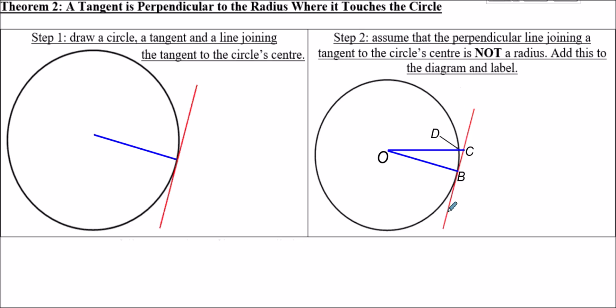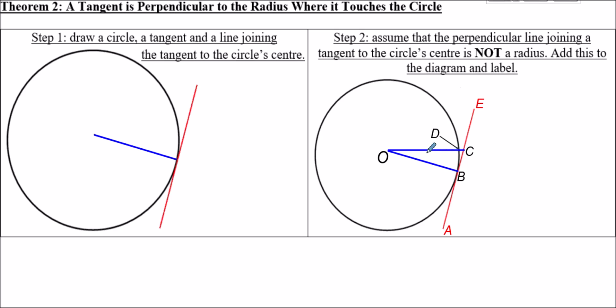I'm going to label this tangent section AE. So let's think about this carefully, and we're going to arrive at a contradiction. We'll arrive at a nonsense which contradicts our assumption that this is not perpendicular. And if we get nonsense by assuming that it isn't, it therefore means that our assumption is wrong and it is perpendicular. So let's just construct this and think about it step by step.